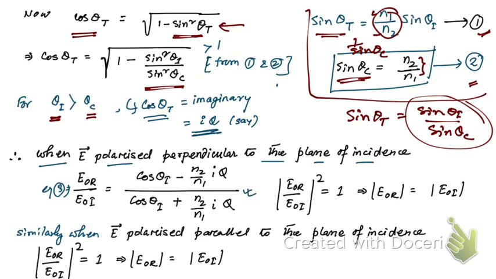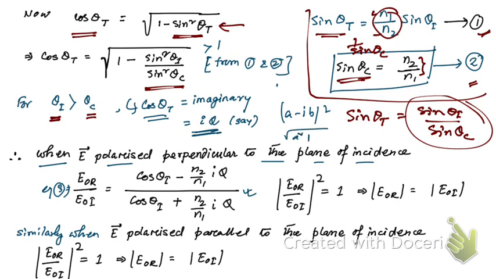Okay, now you can see if you obtain the mod of this, right? You know, in the case of a complex number a plus ib, if you find its mod, then what you're going to get?